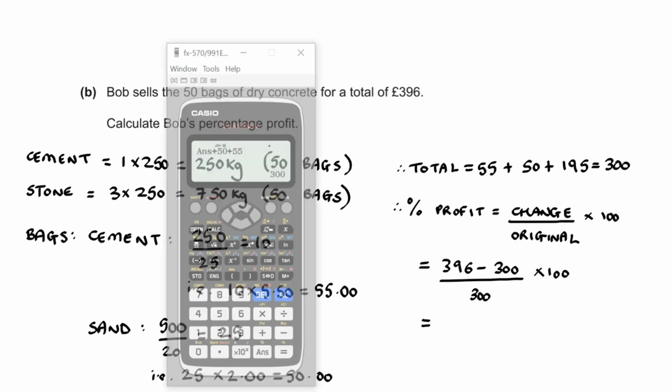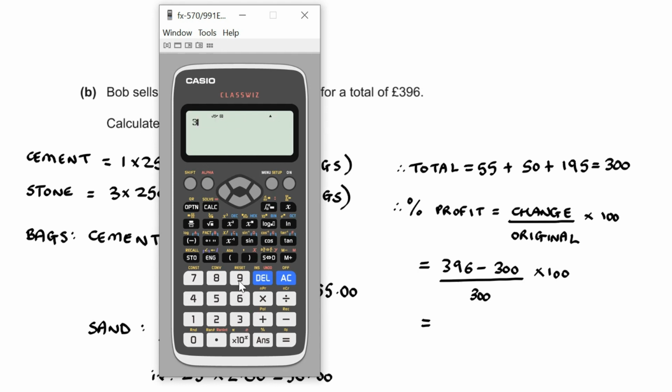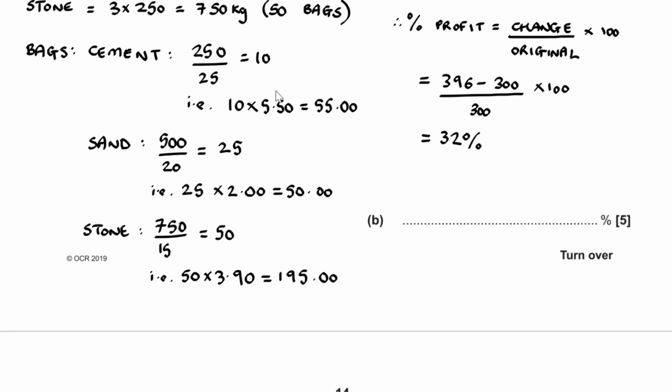So we get 32%. So the percentage profit, you can see, is 32%.